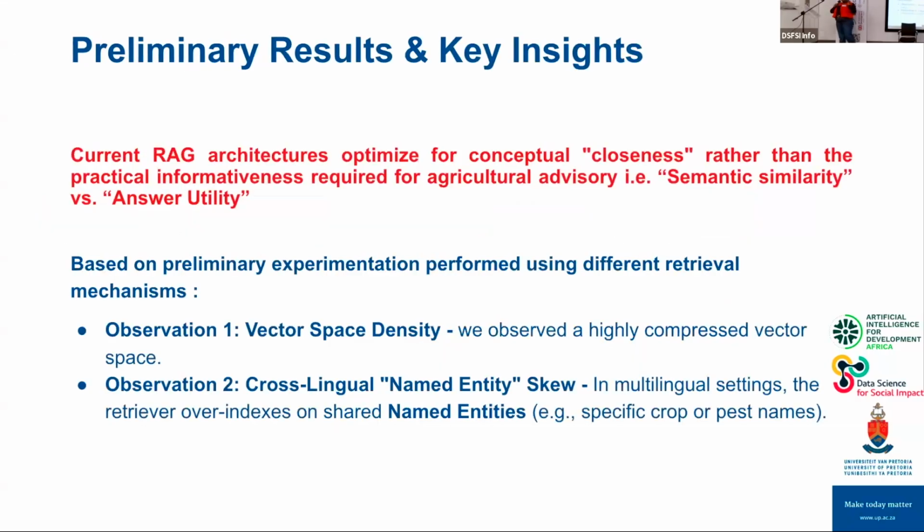Okay, so some results, I guess. We have done a bit of experimentation using the most commonly used retrieval mechanisms, and from that, we have made two observations. The first one is that when you're trying to get the relevant document, the retriever assigns a score to it, and you use that score to determine how relevant the document is.